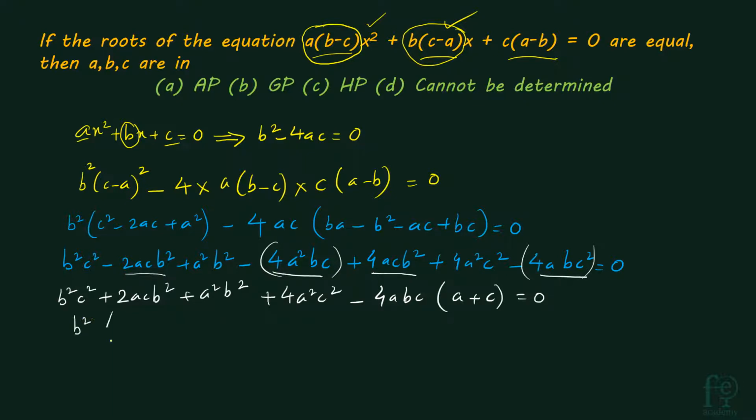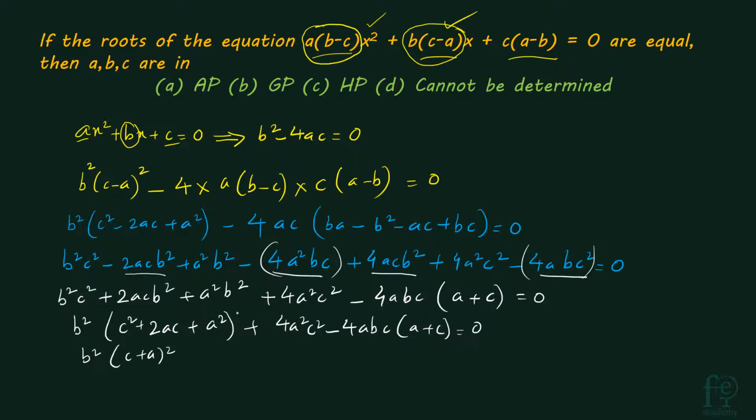You can take b² common. So b²(c² + 2ac + a²) + 4a²c² − 4abc(a + c) = 0. So again you will be getting b²(c + a)², since c² + 2ac + a² is (c + a)², plus 4a²c² − 4abc(a + c) = 0.